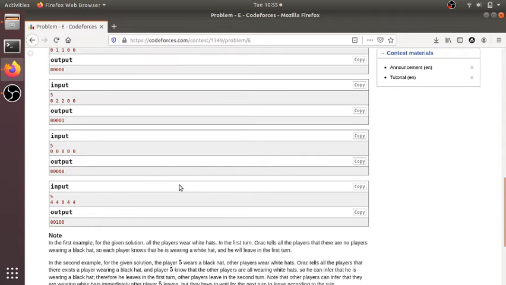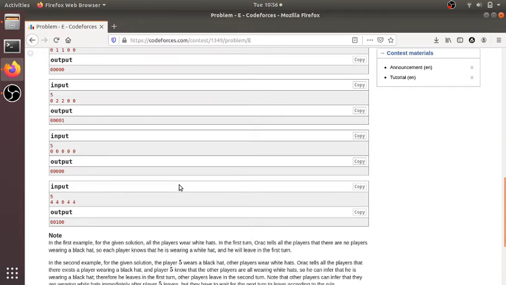In the second round, the person in the second last row will become sure that behind him, since he did not leave, he is wearing a white hat. How? This is an intuitive thing. So okay, let's take this example. In the first round, nobody left.